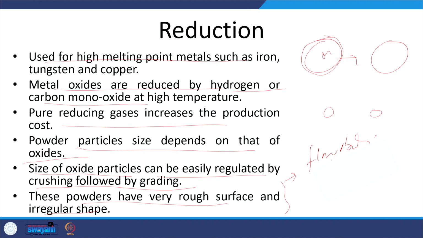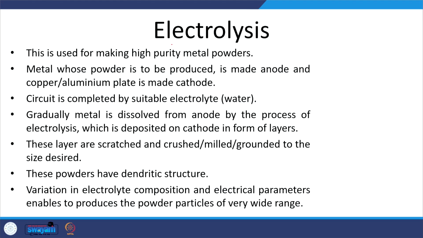That in turn will reduce the mechanical performance. Also, if the apparent density is low because of the greater porosity, then it will increase the compaction stroke length. So these are the various aspects related to powder metallurgy which are affected by the surface roughness and irregular shape.